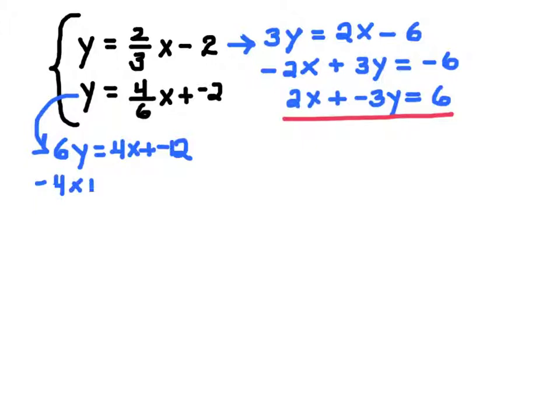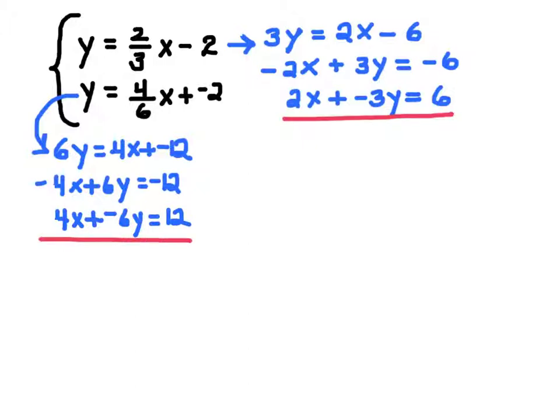And we end up with a negative 4x plus 6y is equal to a negative 12. Again, here our a value is negative and it has to be positive. So we're going to multiply everything by a negative and we get positive 4x plus a negative 6y is equal to a positive 12. I'm going to put an underline under this because this is in standard form, ax plus by equals c.